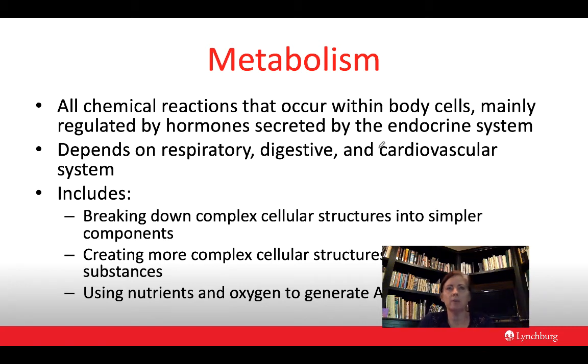So metabolism can be anabolic as well as catabolic, and it also involves the process of using nutrients and oxygen to generate ATP, which is going to be used throughout our body as an energy source. Metabolism tends to be regulated by hormones, which are chemical messengers secreted by the endocrine system.